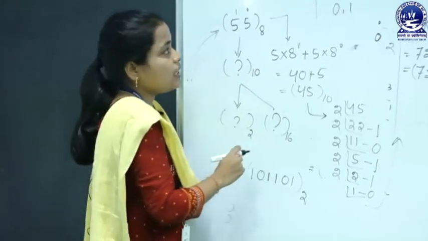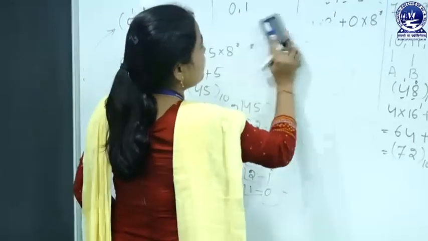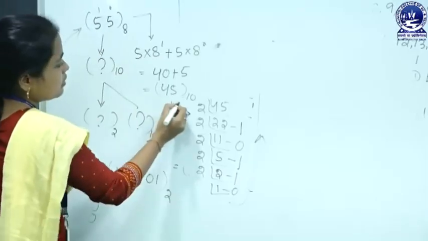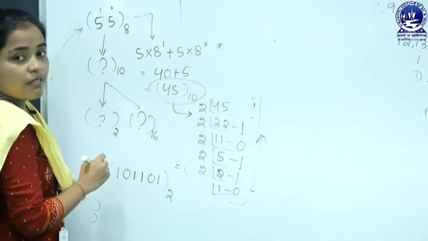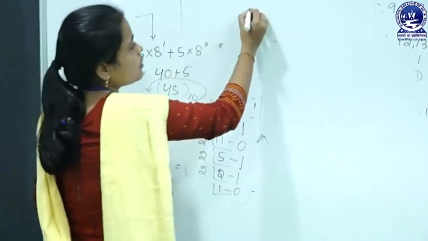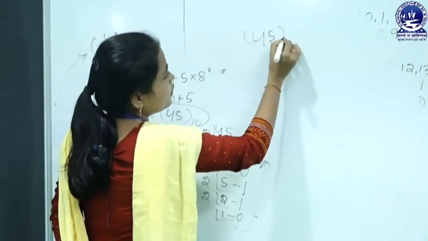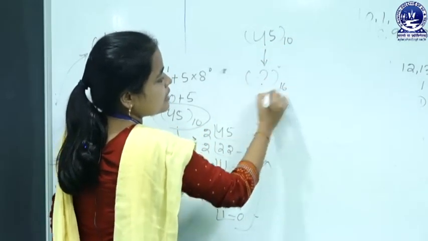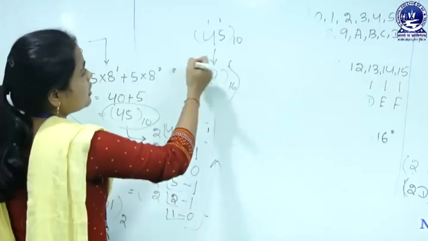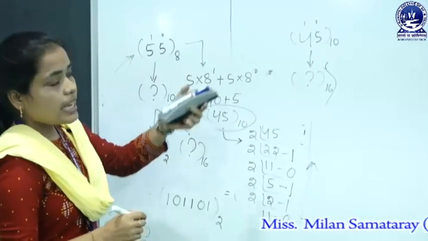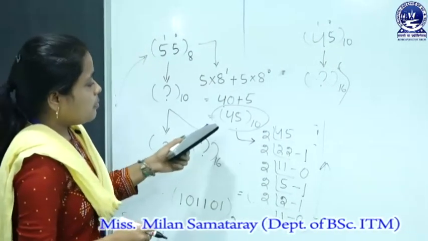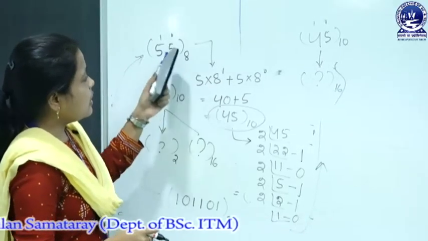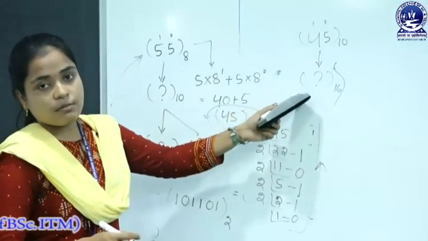Okay. So, let us see what will be the hexadecimal value for this. What is the decimal value? It is 45. So from 45 we have to represent it in its hexadecimal value.